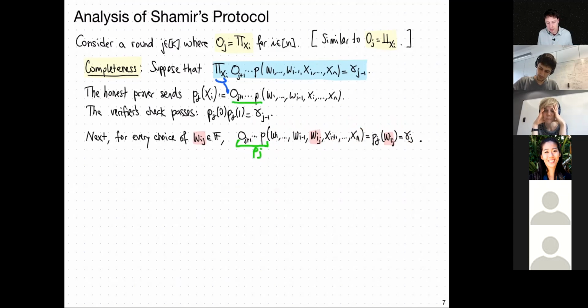So this is saying that the new claim that is produced is correct. We're going from correct claim to correct claim with probability 1. So input claim is correct implies output claim is correct, with probability 1 over the choice of the randomness of the verifier.